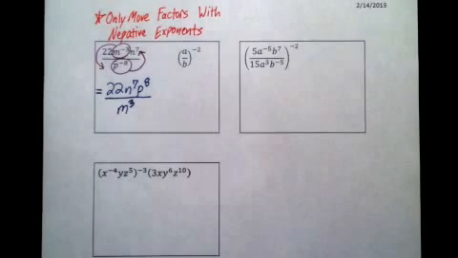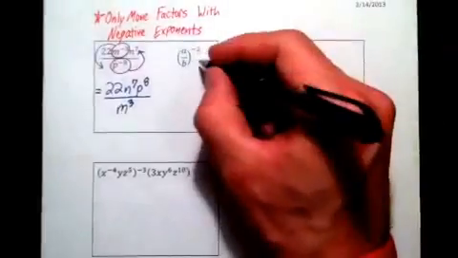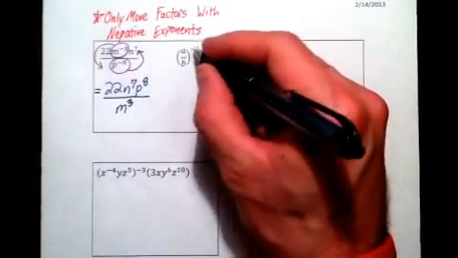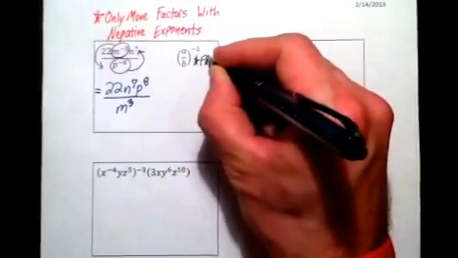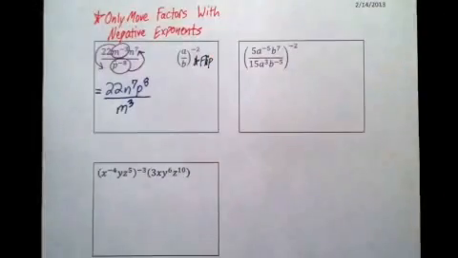The next example really is just going to require us to, since we have a fraction raised to a negative exponent, in order to make that exponent be positive, we again have to take the reciprocal. So what that's going to look like is we have to flip the fraction.